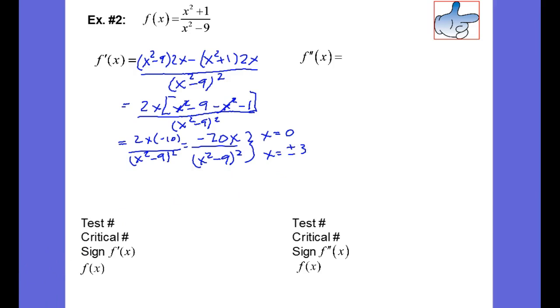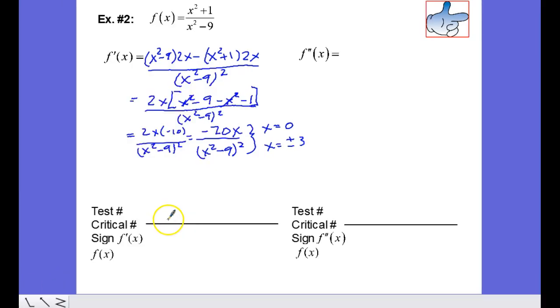And so we have three different critical values for f prime, and we will go ahead and create a sign chart. So we'll mark off our critical values on a number line, and we also want to pick some test values on each of the intervals that are created by these critical values. So negative 4, negative 1, positive 1, and positive 4.